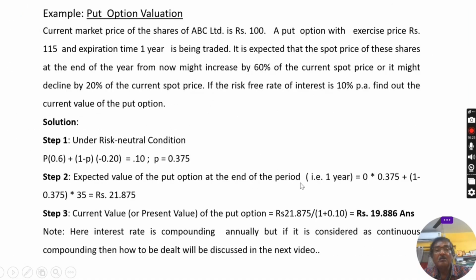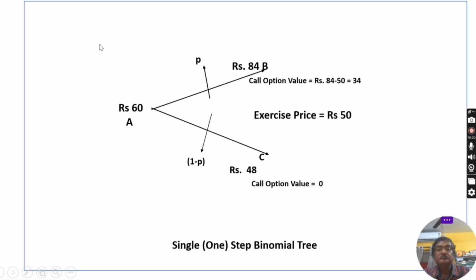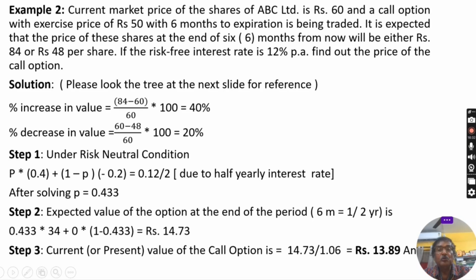Now, next problem. Another problem. This is example 2. To make it more clear, I have taken another problem. This is the problem. The current market price of the share of ABC Limited is rupees 60, and a call option with an exercise price of rupees 50 with 6 months to expiration is being traded.